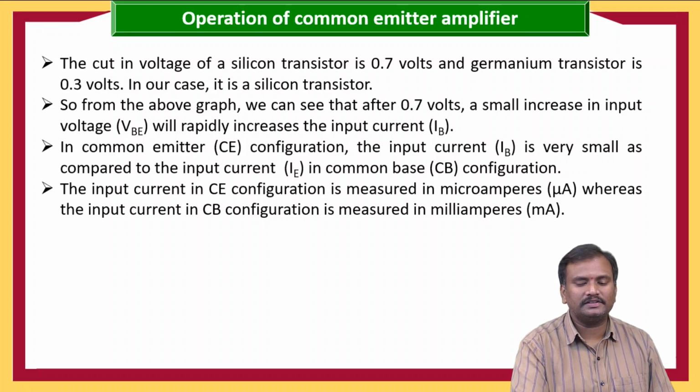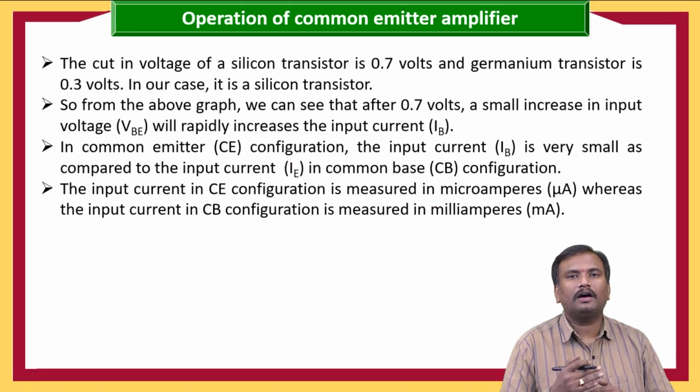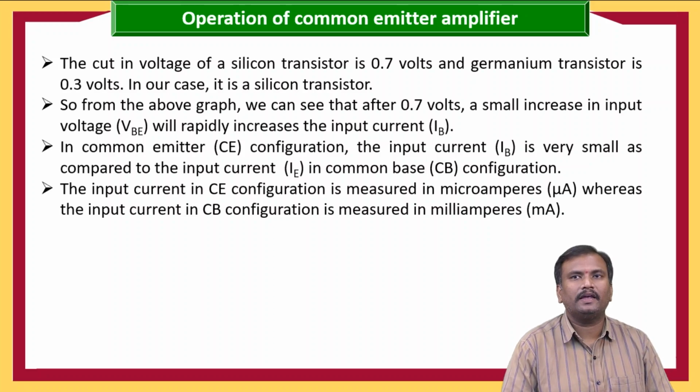The input current in CE configuration is measured in microamperes, whereas the input current in CB configuration is measured in milliamperes. Here, when we compare the common emitter and common base configuration, the input current value is very less in the common emitter configuration as compared with the common base configuration.